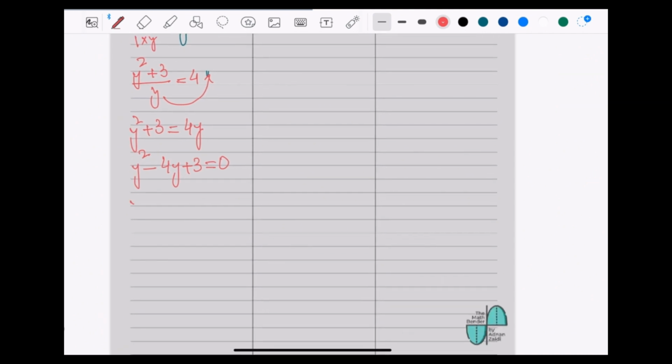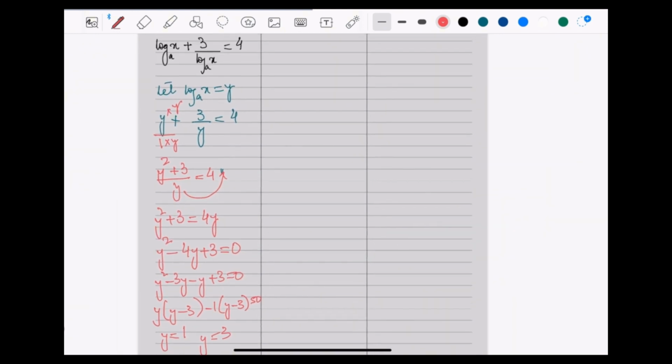And then you know that y squared minus 3y minus y plus 3 equals 0. And if you take y common, it becomes y minus 3. And if here you take negative 1 common, it becomes y minus 3 equals 0. y turns out to be 1, y turns out to be 3. So let's replace y with its x.